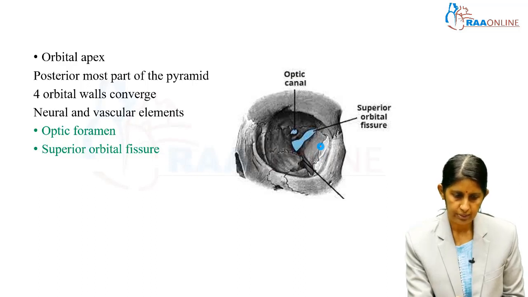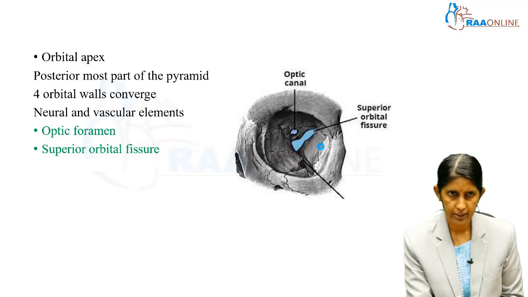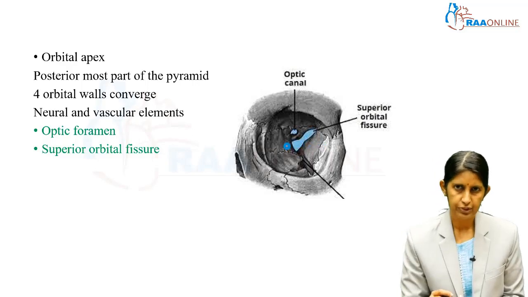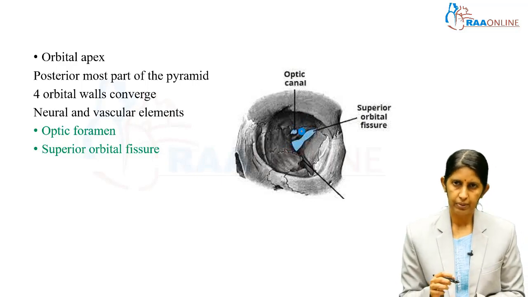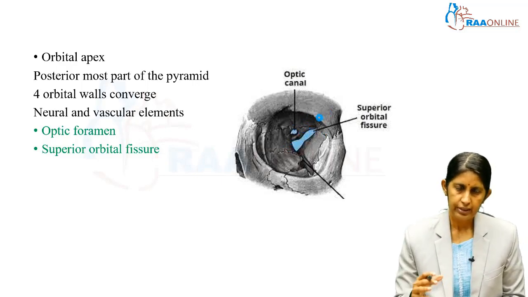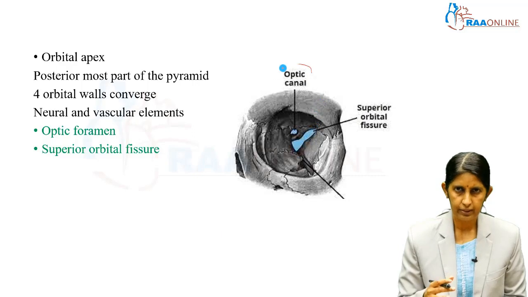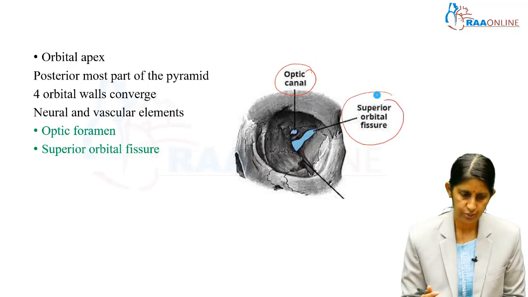Both these structures are present in the optic foramen, and the superior orbital fissure is the structure that you're seeing here. The superior orbital fissure is also a very important structure because it is a defect in the bone, but many important cranial nerves pass through it.